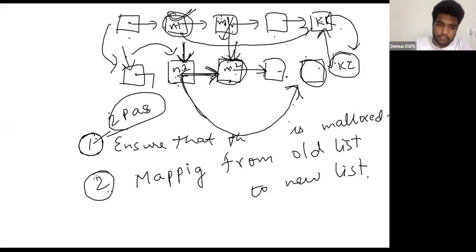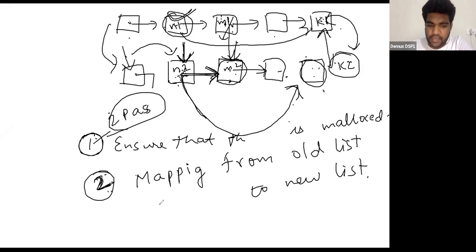Now this problem, do you understand this problem? You need a way of accessing the node in the new list from a node in the old list.